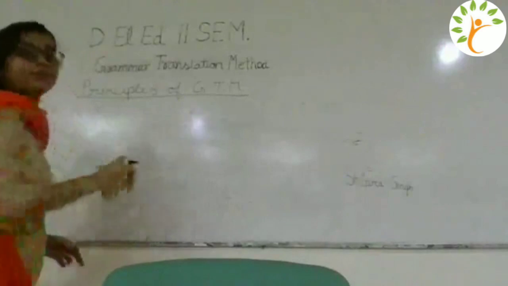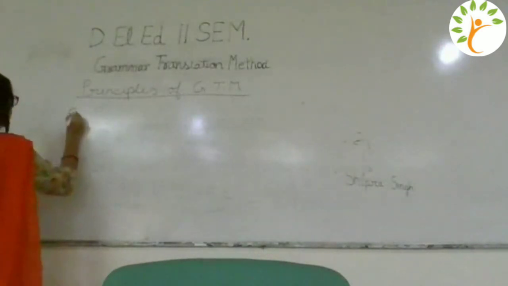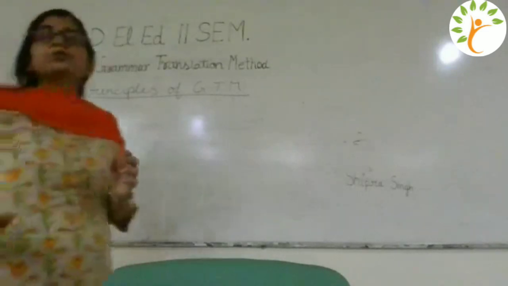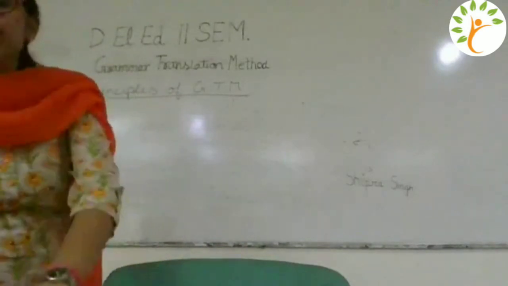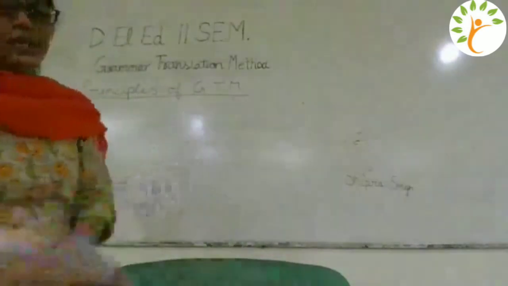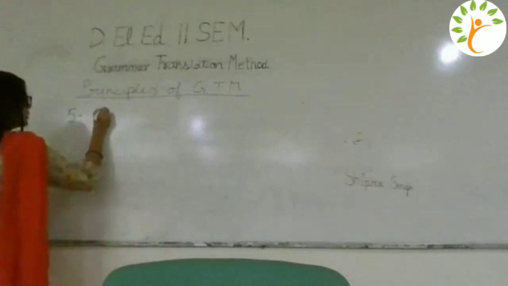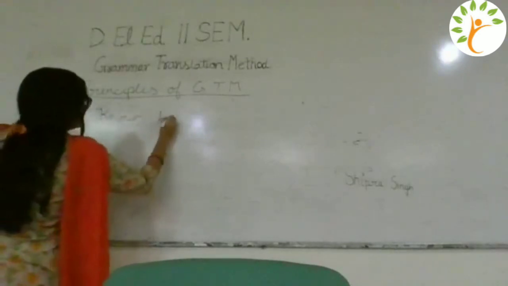Now, the fifth rule is, in grammar translation method, I have already told you that it gives importance to reading and writing skills. Apart from that, we see that it moves from known to unknown.